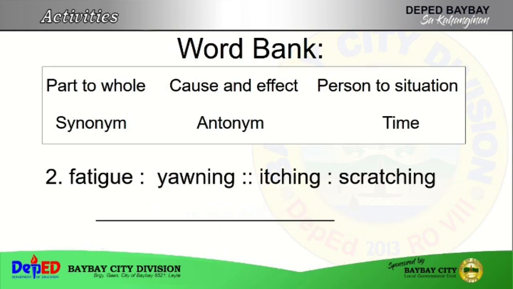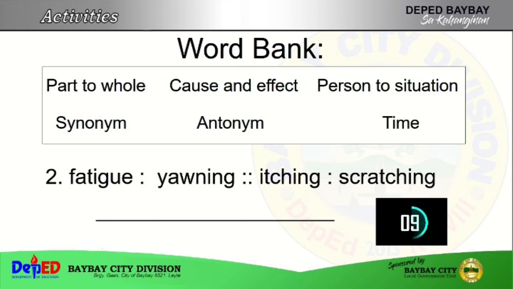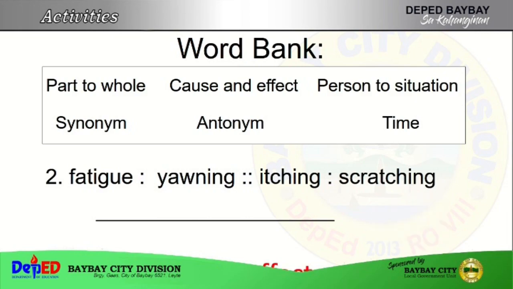Number 2. Fatigue is to yawning as itching is to scratching. What type of analogy is expressed in the pair of words given? The correct answer is cause and effect.